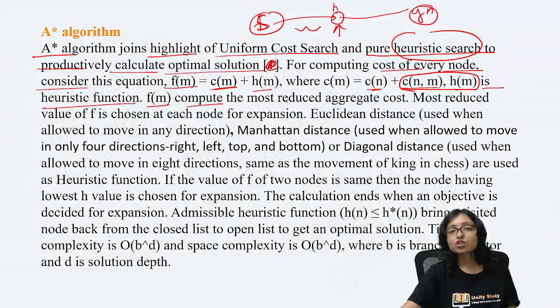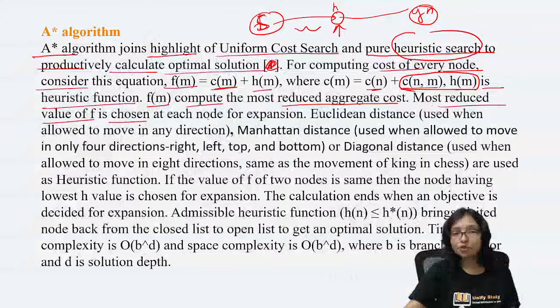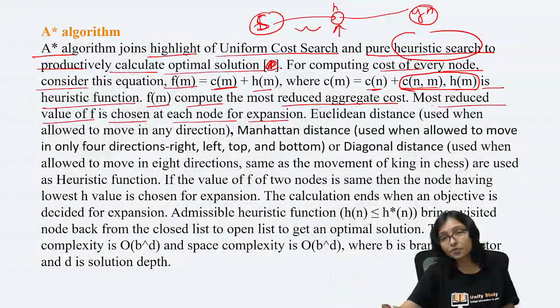So the most reduced aggregate cost, the most reduced value of f, is chosen in each node for expansion. Now I will add the heuristic also.